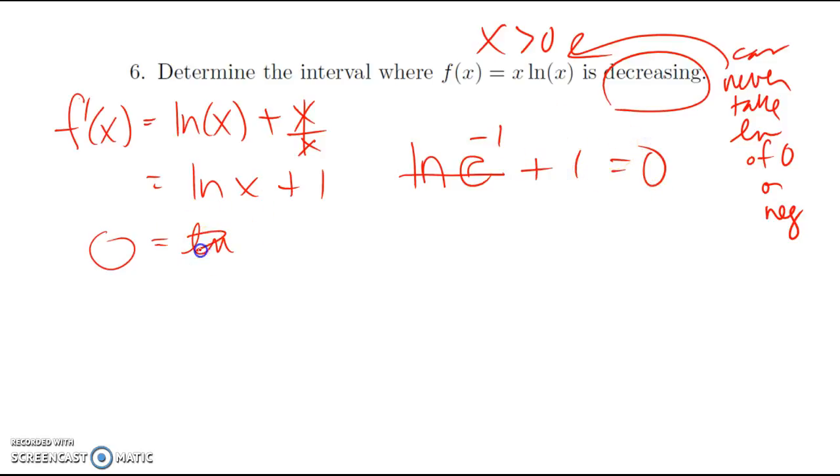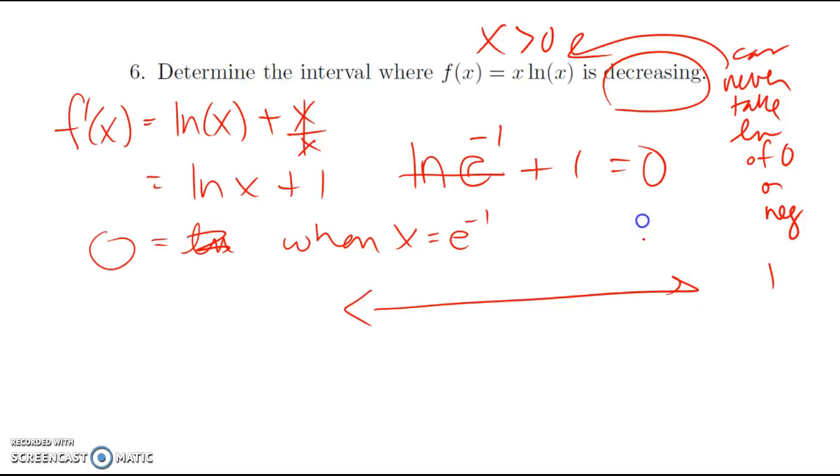So it's 0 when x equals e to the minus 1. And e to the minus 1 really is 1 over 2.7 blah blah blah, so it's 1 over 2.71, a little less than one, a little more than 1/3. If we look at 0, guess what? We can't take the natural log of 0. We can't do it.